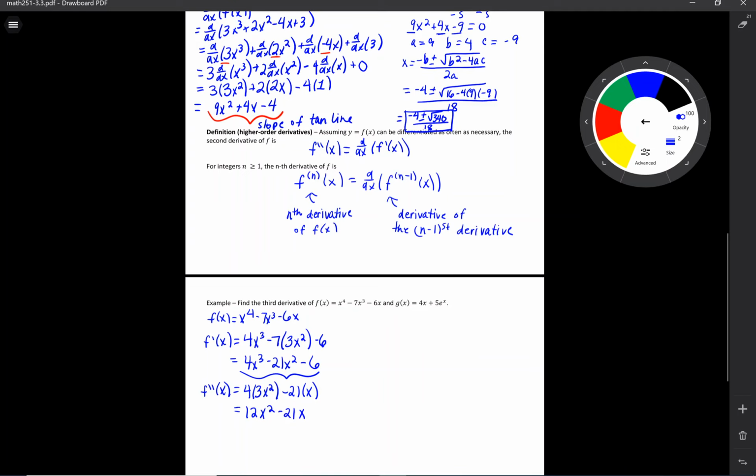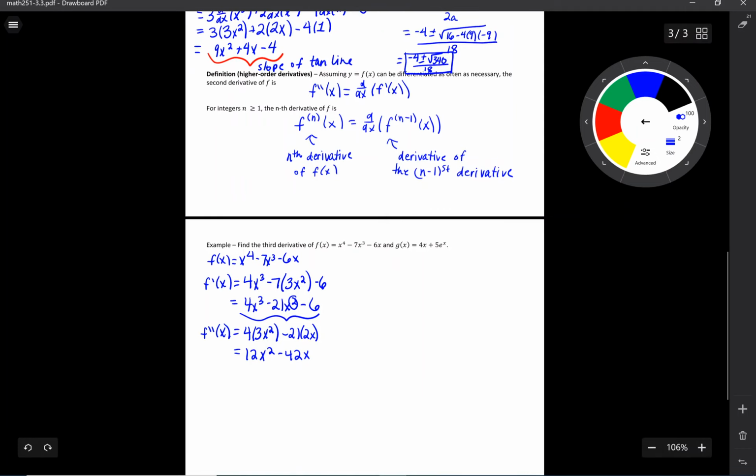Oh, whoops, I missed a 2, didn't I? 21 times 2x. I forgot about this power 2. So that means this is 42x. Okay, so that is my second derivative.